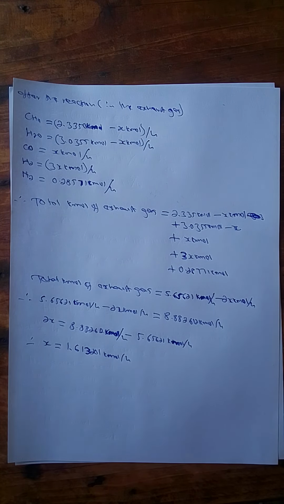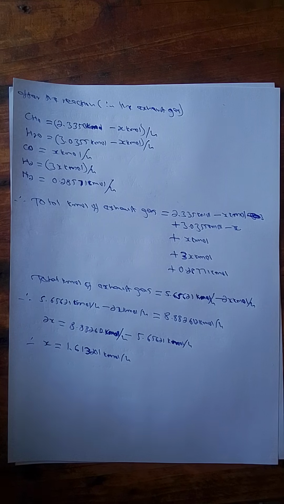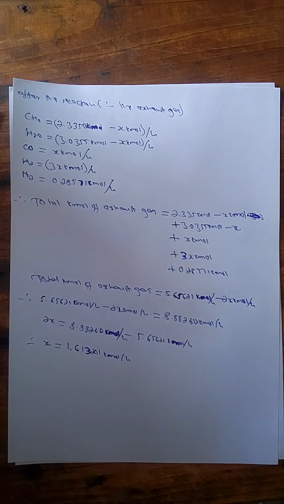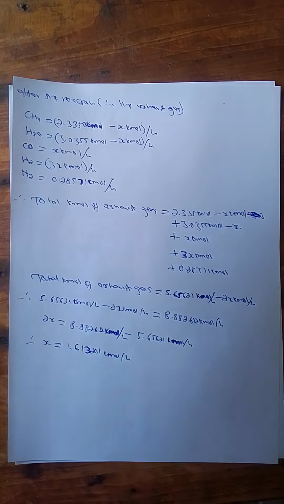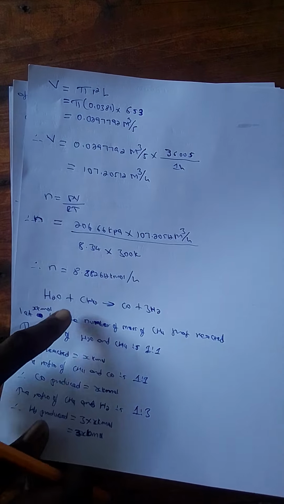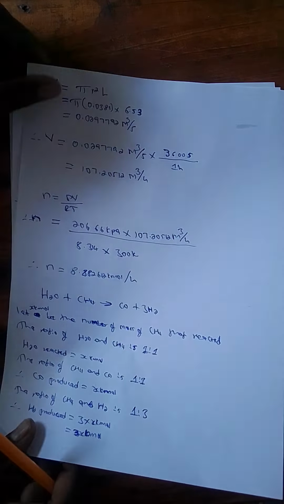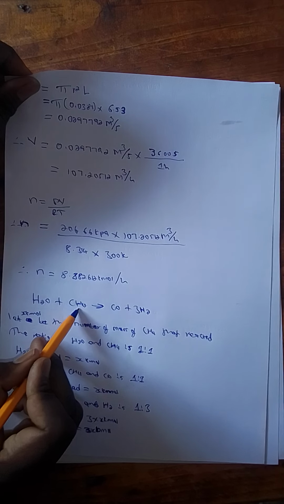And with that said, this moves us to another important step here. This is actually the reaction equation, right? So now if we know what X is, we know how much of CH4 reacted.